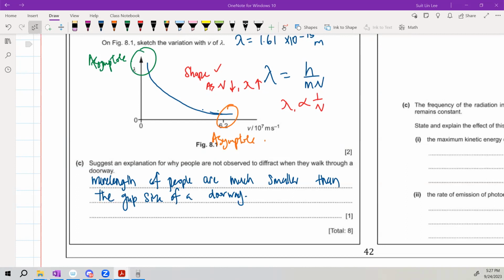It would be very cool. Okay, make sure you mention not just smaller, much smaller, very, very much smaller.